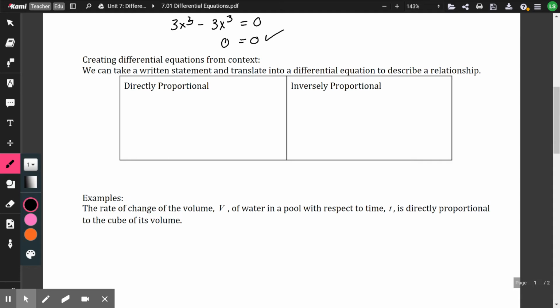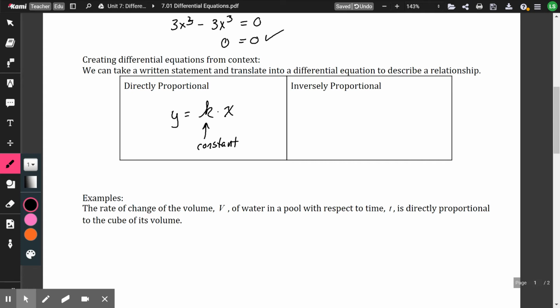And the two key phrases we're going to need to do that are the idea of a direct proportion and an inverse proportion. For a direct proportion, you have two amounts that are going to increase or decrease proportionally. And so we use some sort of constant, usually labeled with a k, to represent that relationship between how much one will increase as the other one increases.